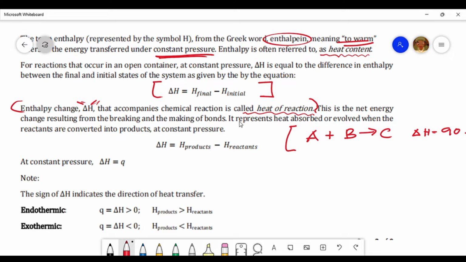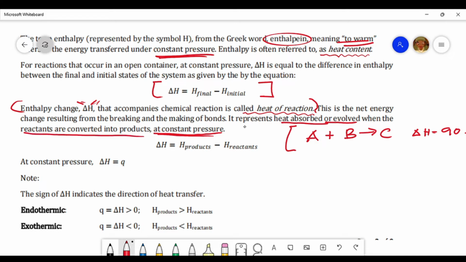It represents heat absorbed or evolved when the reactants are converted into products at constant pressure. Never forget that the change in enthalpy is always at constant pressure.